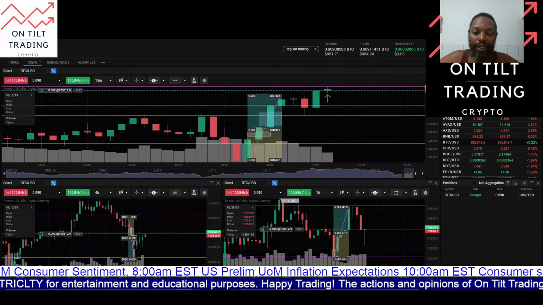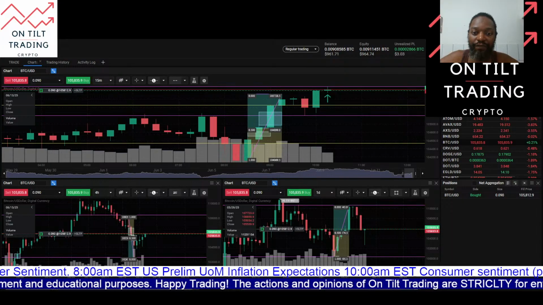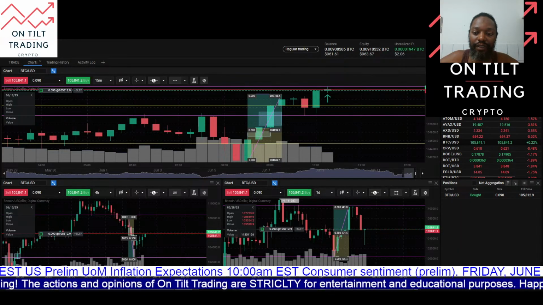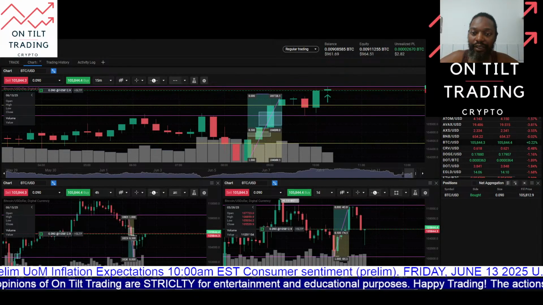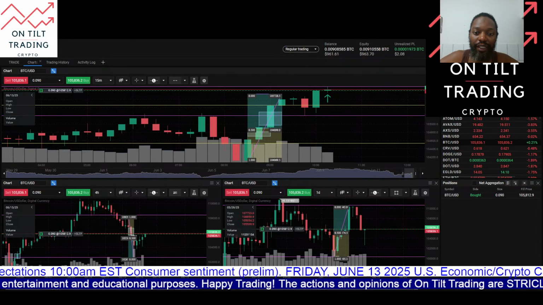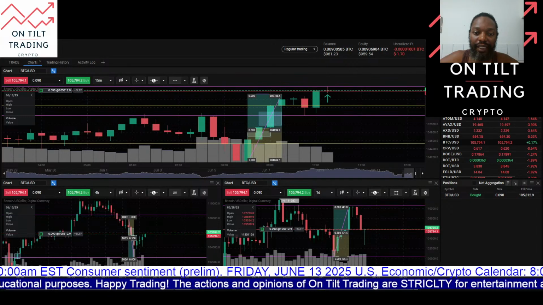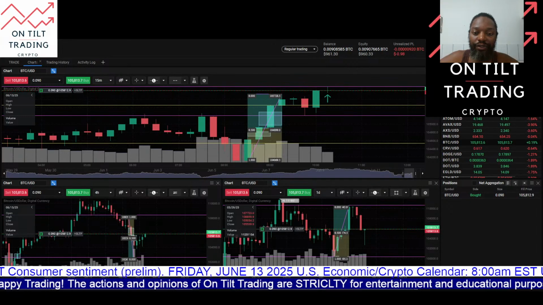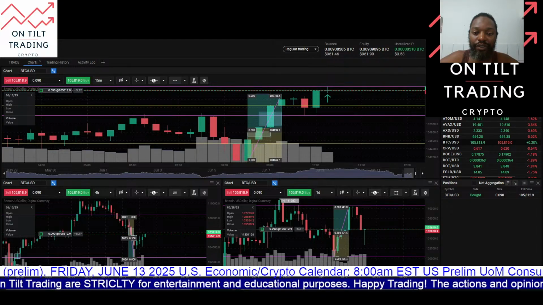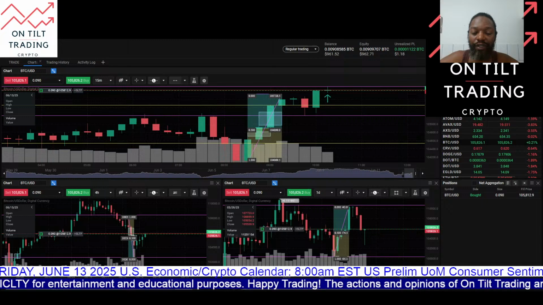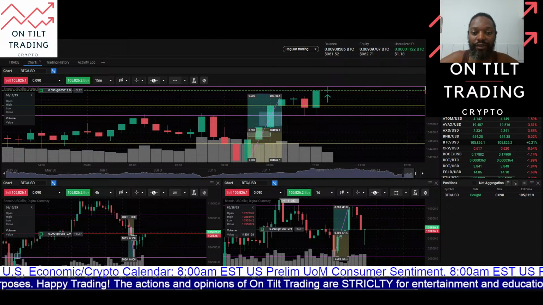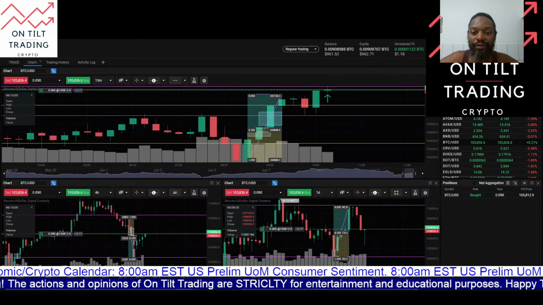In order for that to happen, I'm looking for certain criteria. First thing I'm looking for is a sweep of liquidity. And with this candle here, we get a sweep of liquidity of this candle. Also, in addition to sweeping liquidity, I'm looking for this candle to be the opposite color, just the way my candlesticks are colored.